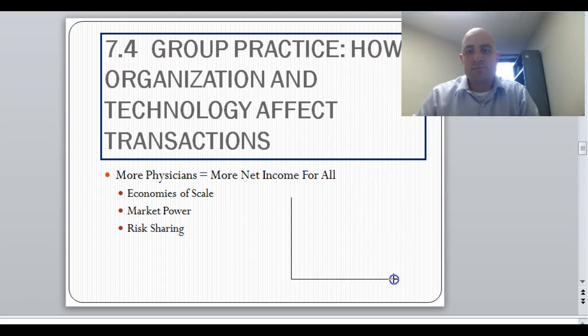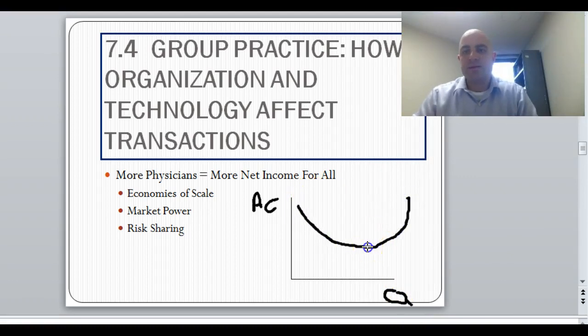And so if we draw here, and we have our average cost here and our output. And so what happens with economies of scale, it says that up to this point here, where average costs are minimized, the greater the output, the lower the cost per unit. So this area within here is your economies of scale.